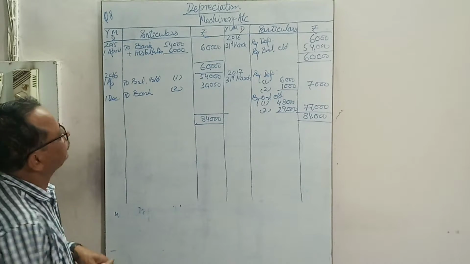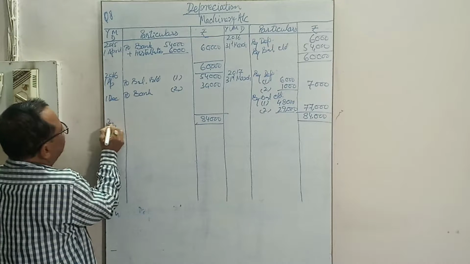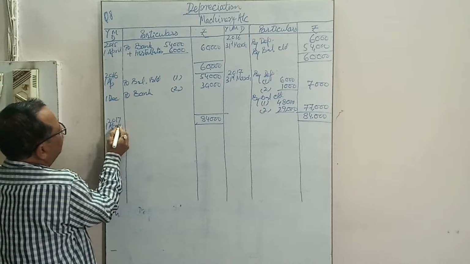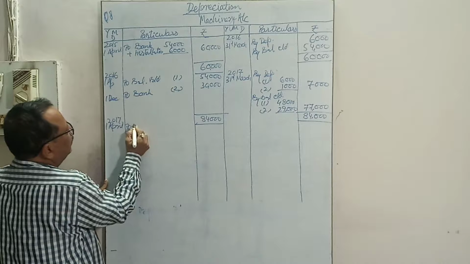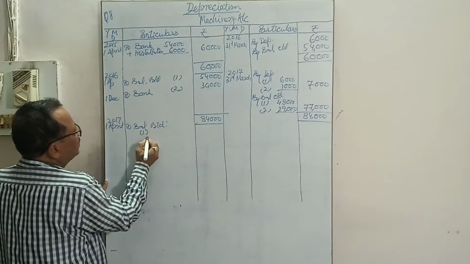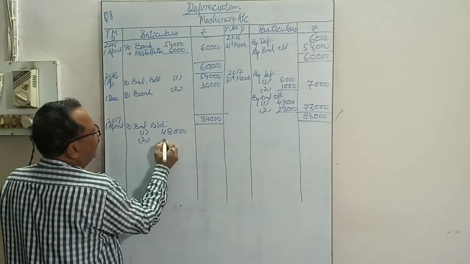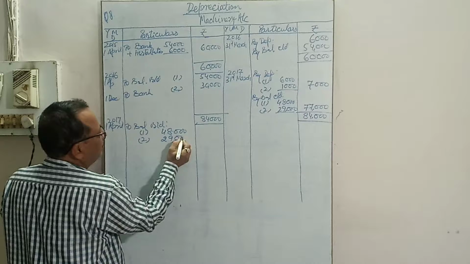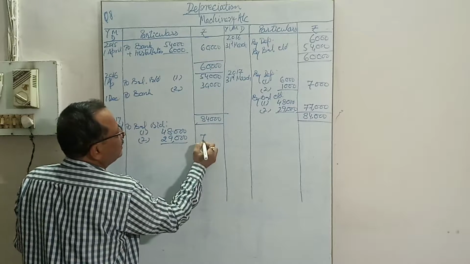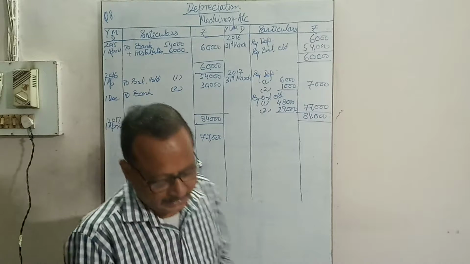Now see, 1st April 2017, to balance brought down, first machine and second machine, 48,000 and 29,000, total 77,000.